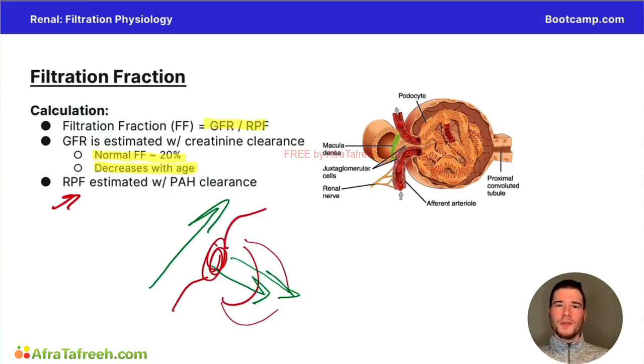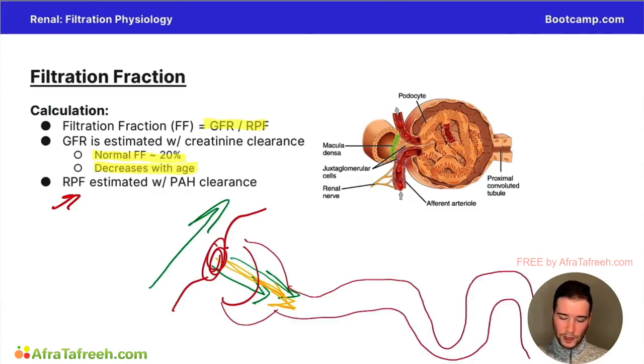So if 100% of it is excreted from the body, that means some of it is filtered. So I'm using orange now for my PAH. Some of it is filtered, but then later on, the rest of it is actually going to be secreted into the tubules. So between how much is filtered and how much is secreted, almost 100% of it is excreted from the body, and thus it is a good measure for our total renal plasma flow, how much plasma has actually gone to the kidney itself.